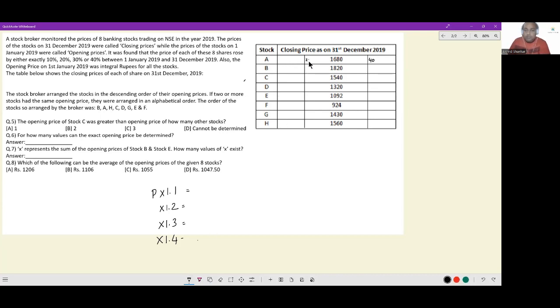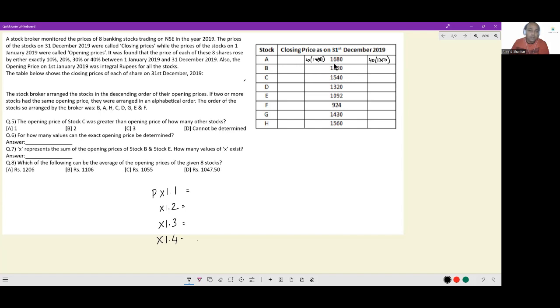See, if there was a 20% increase, then the initial price for A would have been 1400. If there was a 40% increase, the initial price would have been 1200. 1200 into 1.4 gets me to 1680, or 1400 into 1.2 gets me to 1680. These are the two possibilities. It cannot have increased by 10% because this is not a multiple of 11.